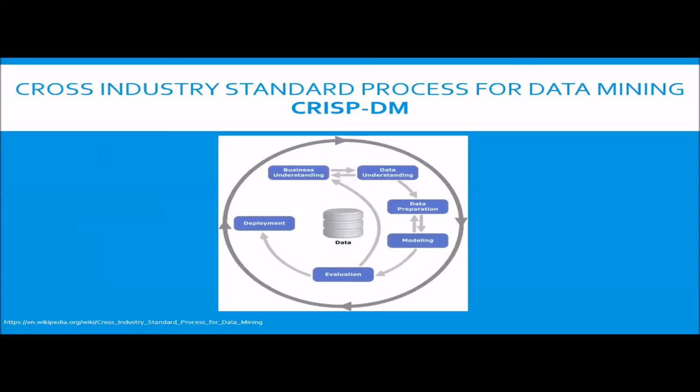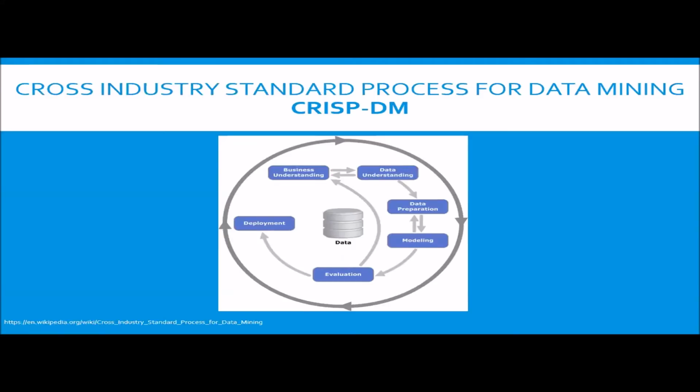So the CRISP-DM process lays out an iterative process for how we go about data mining, and they categorize the different kinds of things you have to do in order to do data mining.